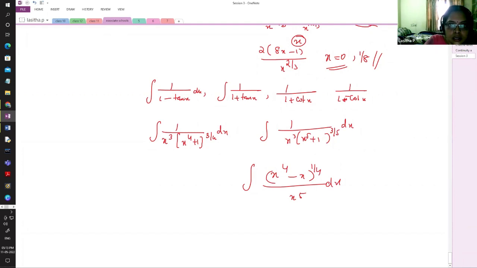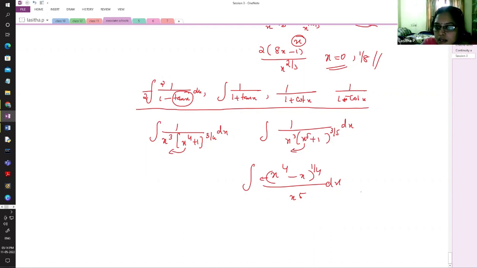Here, conversion into sin x and cos x, multiplying and dividing by 2, then bringing one sin x plus or minus cos x. Same method for all these 4 questions. Similarly for this one, taking x to the power 4 common outside, here x to the power 5 common outside, x power 4 here common outside. That is the method followed in all these types of questions. So maybe it will be useful when we introduce similar questions of the same type at the same time. That is what I felt.